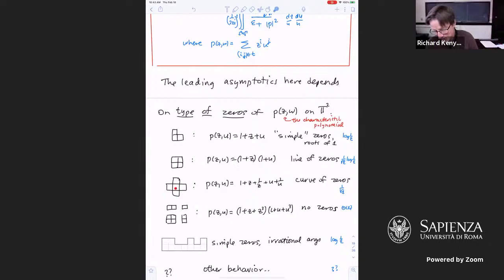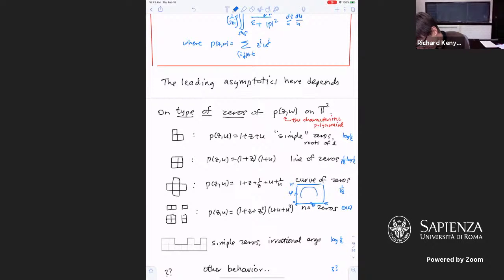It's just the sum of powers of z, 1 for each square. And on the torus, we get a whole curve of zeros. Maybe I should draw a little picture of that. So on the unit torus here, here's phi and theta going from 0 to 2 pi.